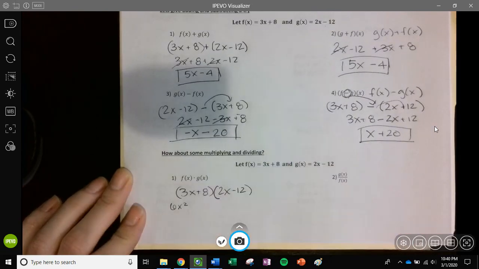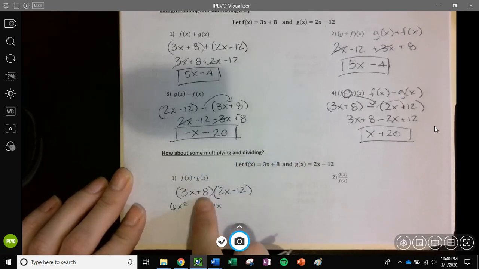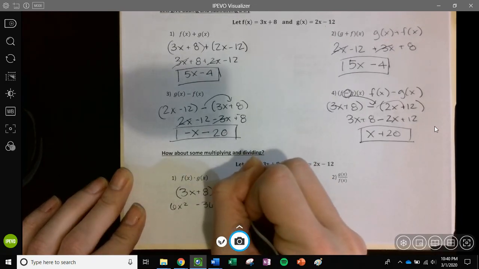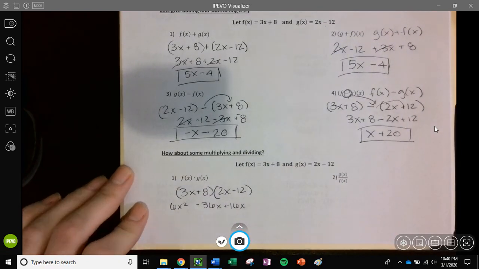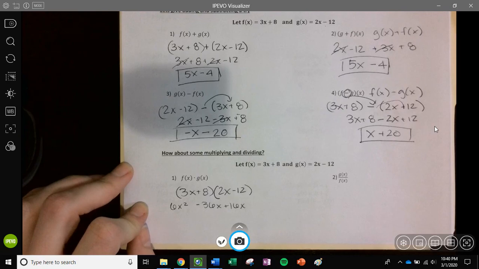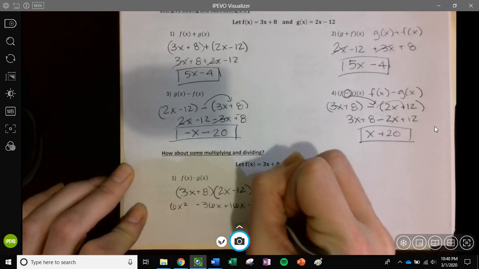My outside, negative 12 times 3x, is going to give me negative 36x. 8 times 2x is plus 16x. And 8 times 12, this is a negative 12, so it's going to be negative 96.